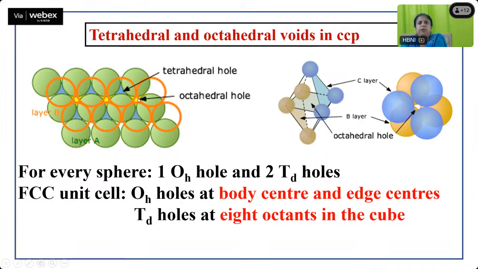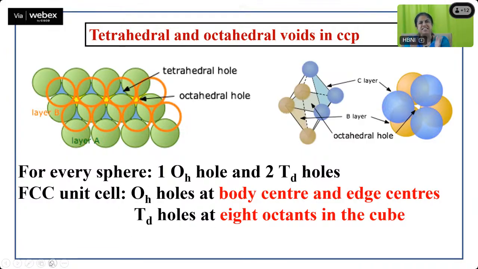The space between them, these two staggered triangles, is an octahedral hole. One thing you have to remember is that for every sphere in your closed packing, there is one octahedral hole and two tetrahedral holes. That is, if your closed packing is made up of n balls, you will have 2n tetrahedral holes and n octahedral holes. I hope that is clear.